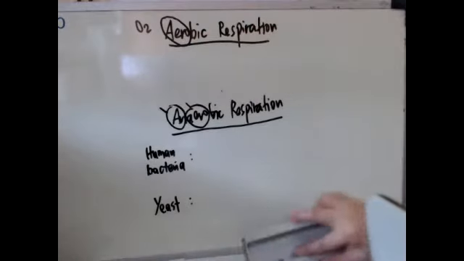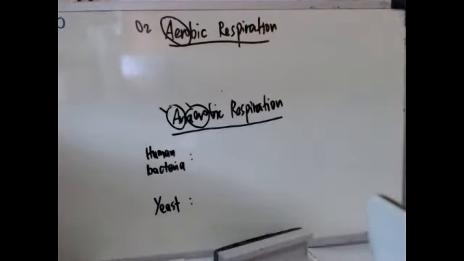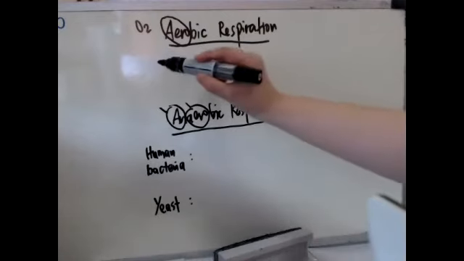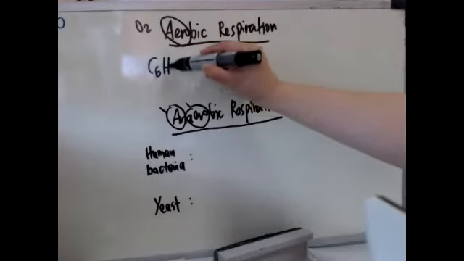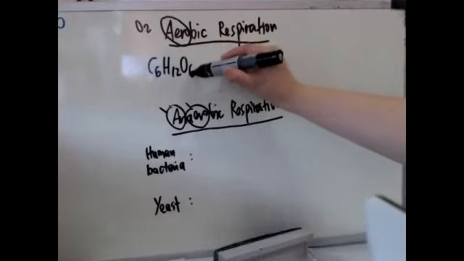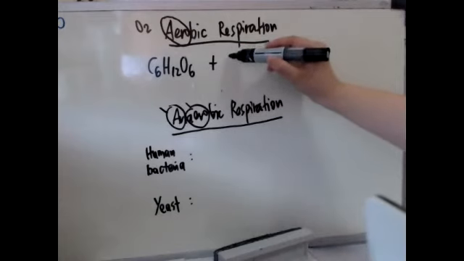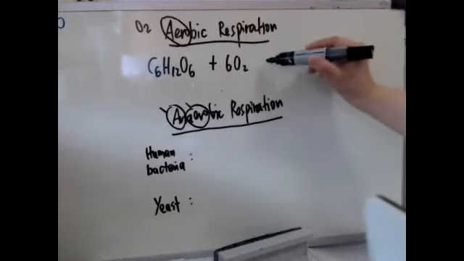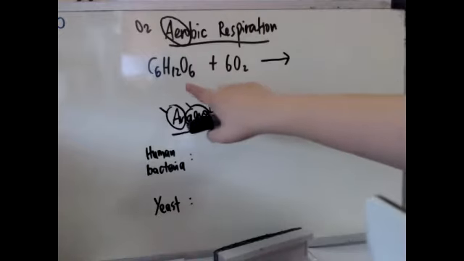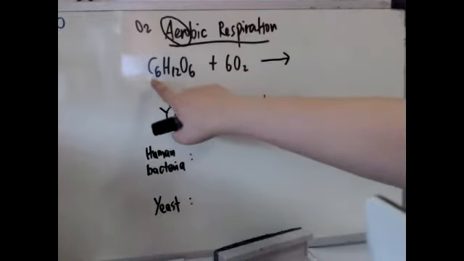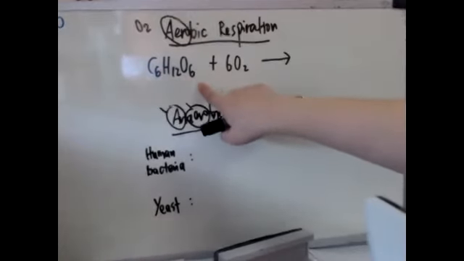Let's take a look at the chemical formula involved in aerobic respiration. In respiration, glucose is oxidized into, so basically it is quite easy. Glucose has carbon, hydrogen, and oxygen.